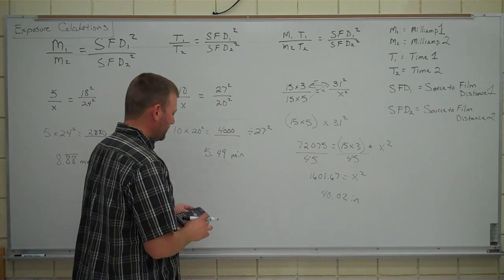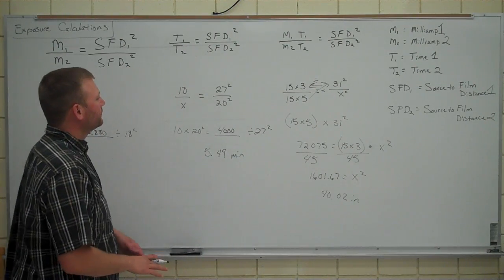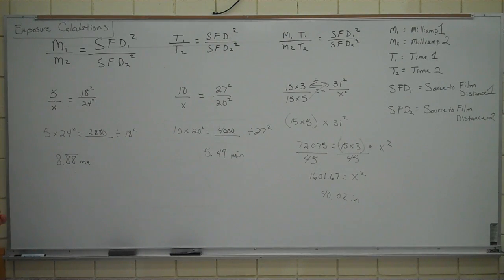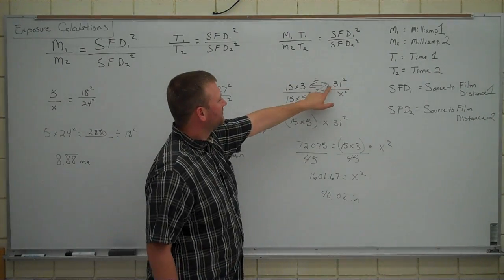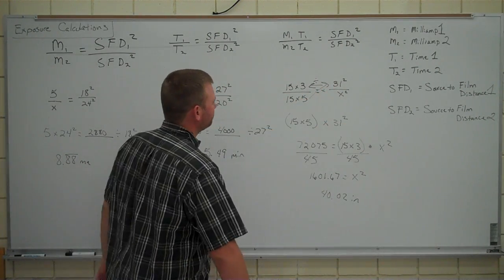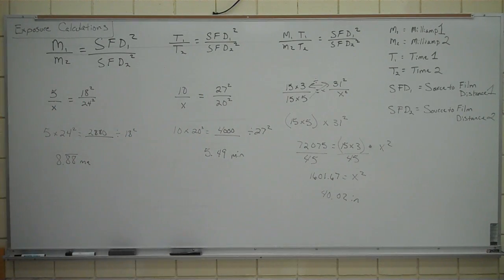So, nothing too terribly difficult, just cross multiplication. If you took the tech math class over the summer or have taken math before, college algebra and so forth, these are just standard ratios. Cross multiplication says this times this divided by that equals that. If you have an x squared in your answer, you have to square root it, because you can't have a squared in your answer.